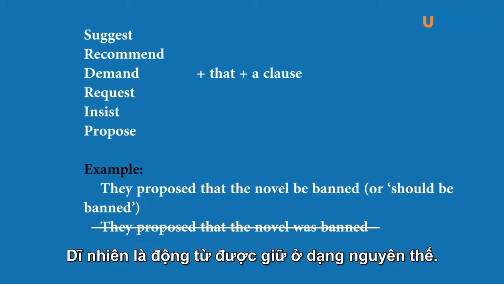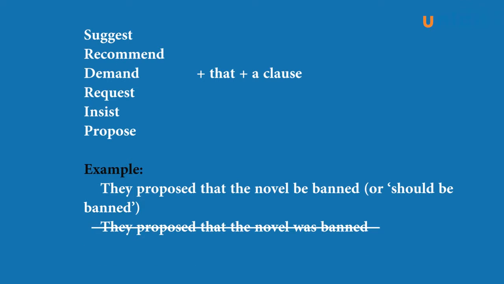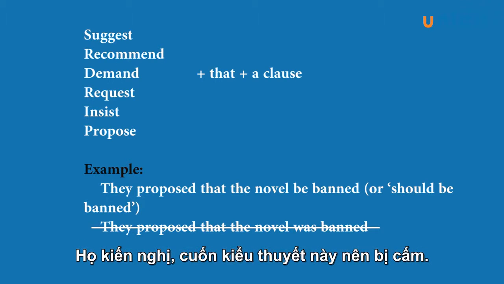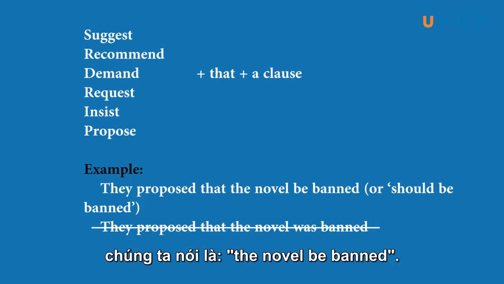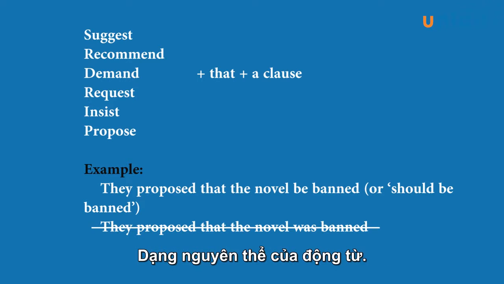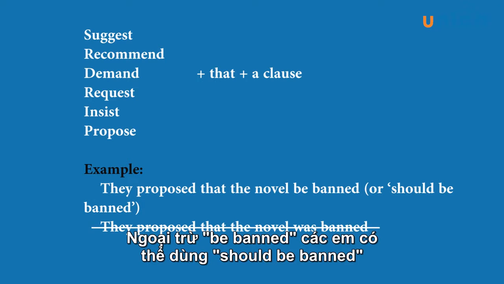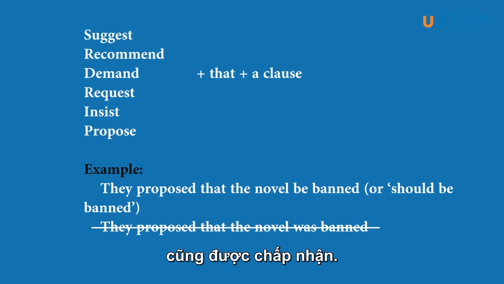And of course, the verb here must be in base form. For instance, they proposed that the novel be banned. We don't say the novel was banned. We say the novel be banned, the base form of the verb. Or in other words, apart from using be banned, you can use should be banned. So this is also acceptable.